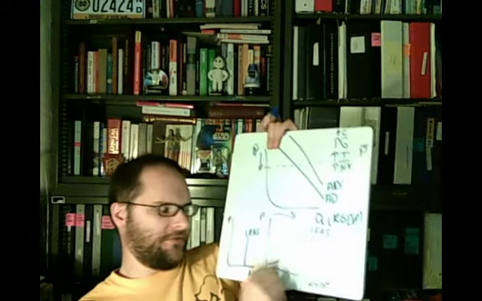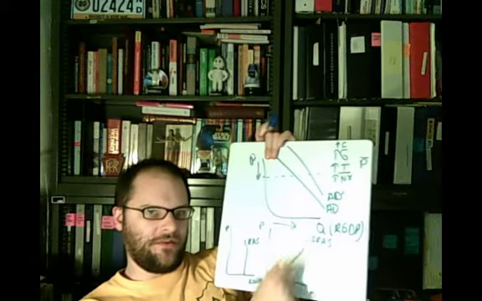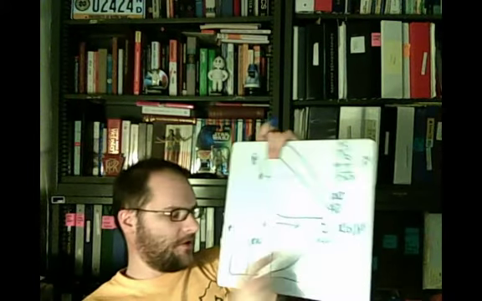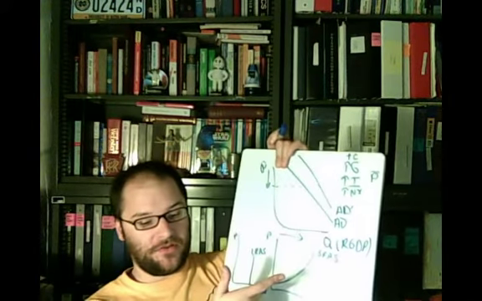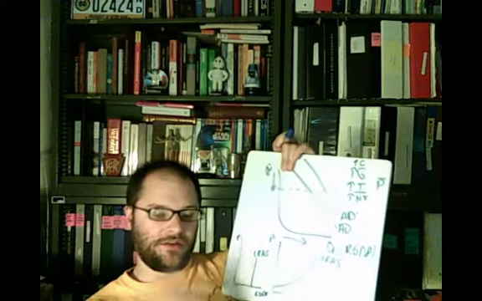Movements along the curve are caused by the stickiness and the misperception. Shifting the curve is going to happen when we change something like the wages, or if we change non-labor inputs, or if there's a supply shock, or if there's a change in productivity.